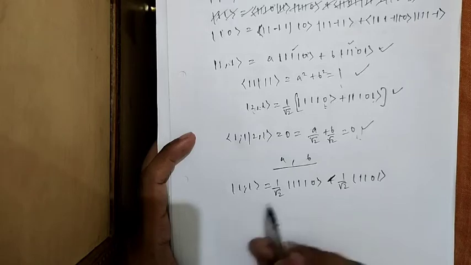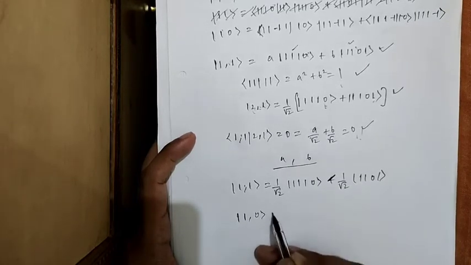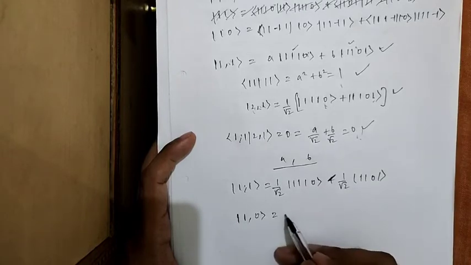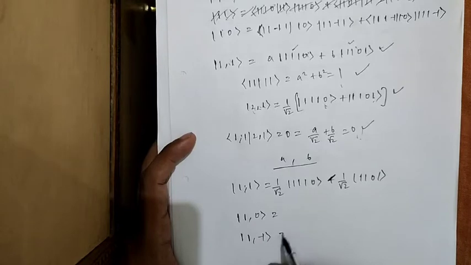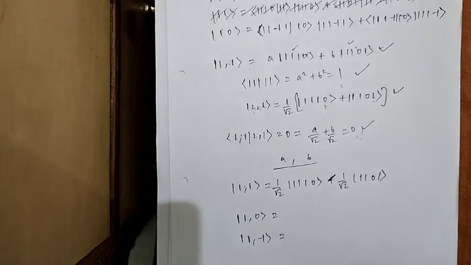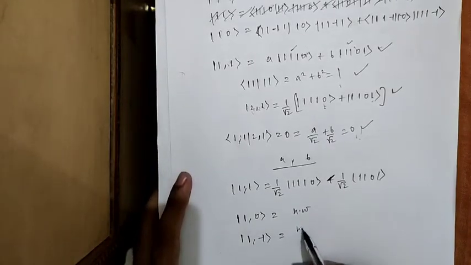By operating j minus on this we can find the 1 0 ket state and the other 1 -1 state. This is an easy task for you to find these kets, and I'm leaving it as homework for you.